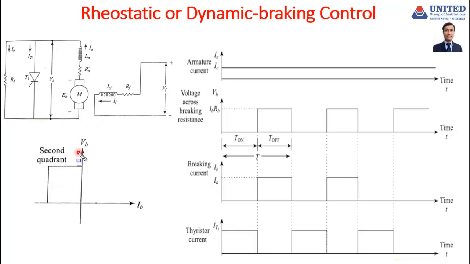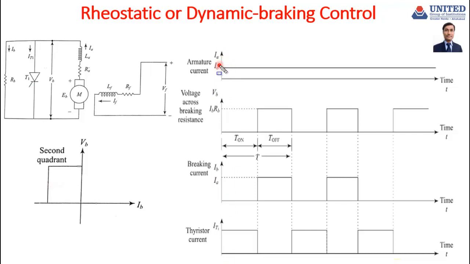Here we see the arrangement of rheostatic braking of separately excited DC motor. This drive operates in second quadrant, and here we see various waveforms of this rheostatic braking control operation.